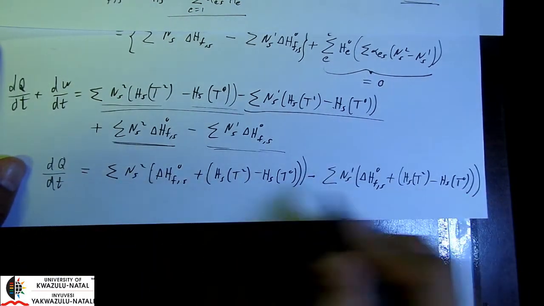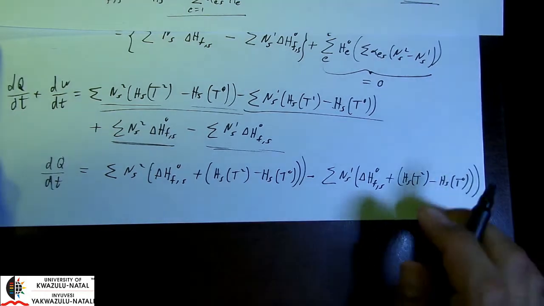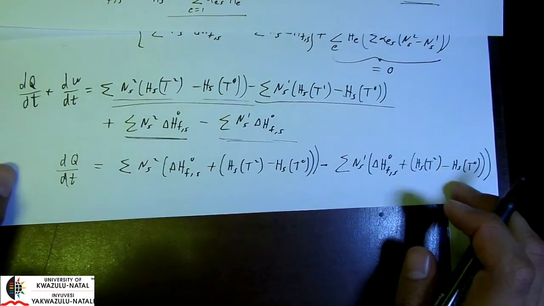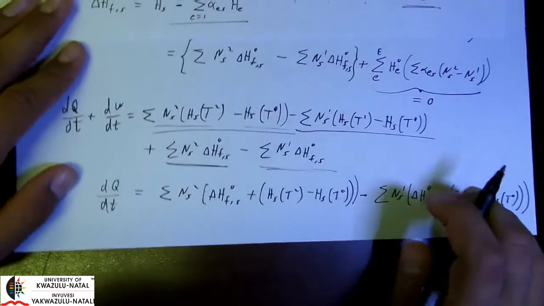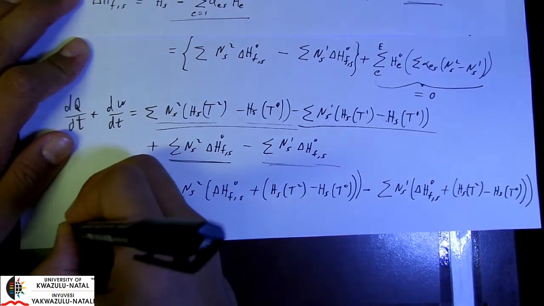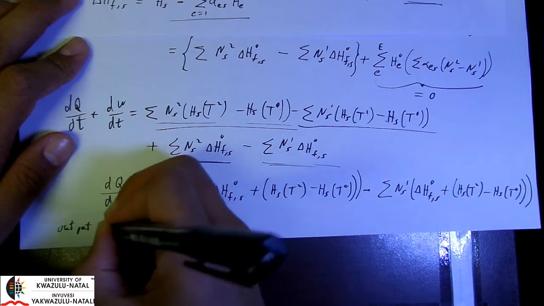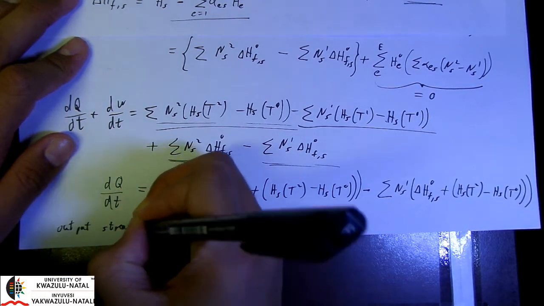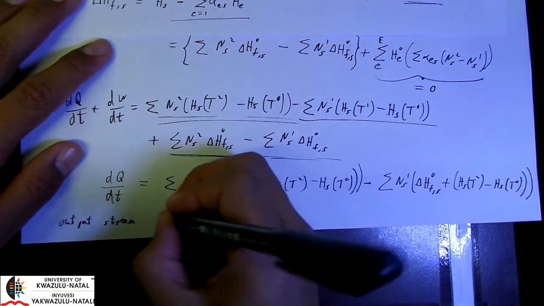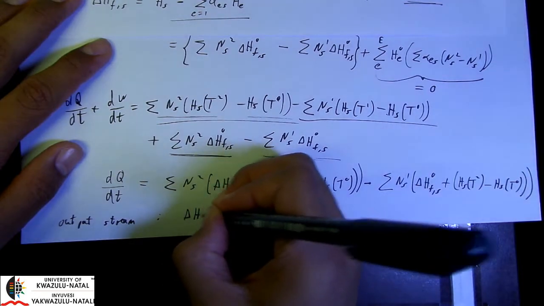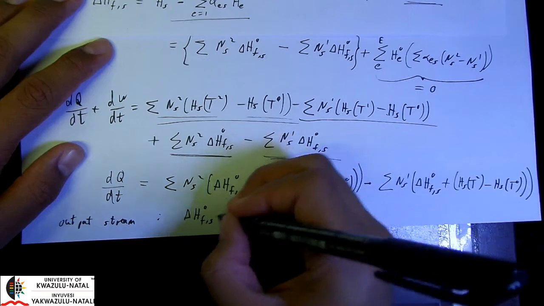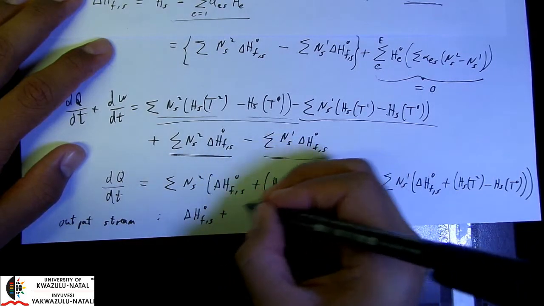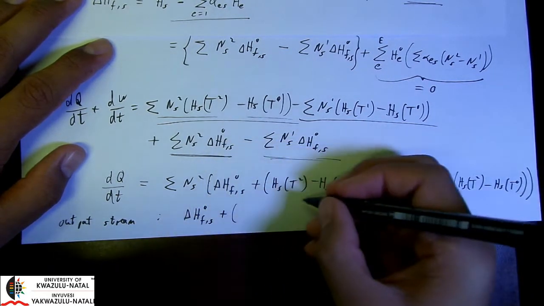So now this is the balance, and the way we use this is that we can express each output stream as follows. Our output stream can be expressed in terms of its heat of formation of each species. I'm just writing this in terms of each species here.